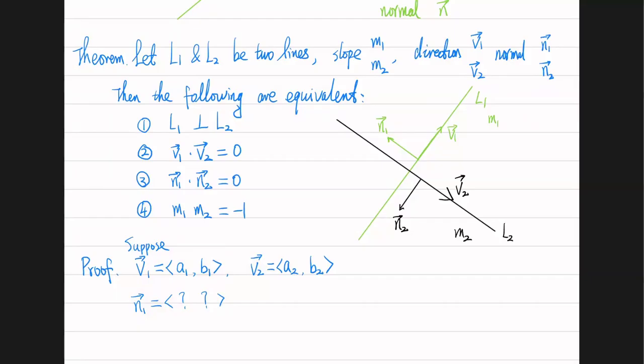That is how I get this: I switch the positions, then change this sign from positive to negative. Okay, let's verify. The dot product of the two is 0.